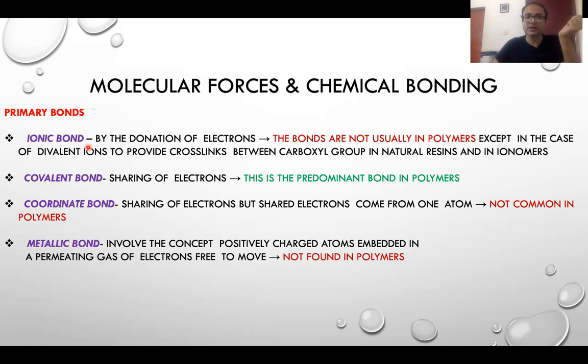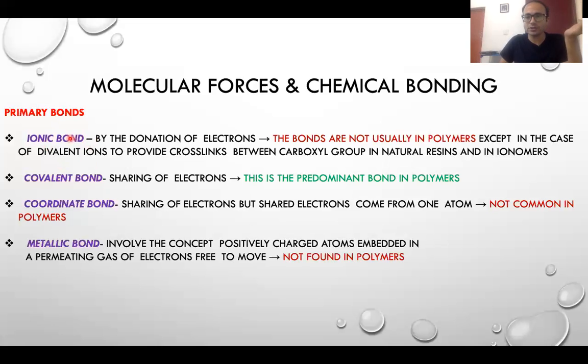So apart from the covalent bond, which is the major share of the primary bonding in the organic based polymer molecule, inorganic polymers can have ionic bonding as well. Ionic bonding would be the prominent kind of bonding that you will find in the inorganic based polymer.